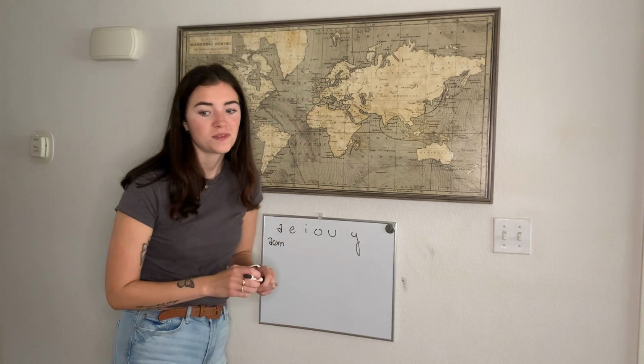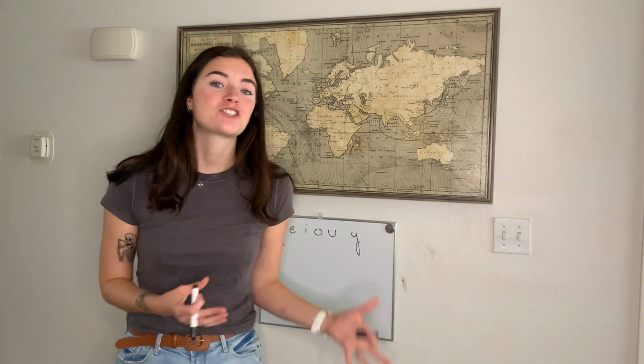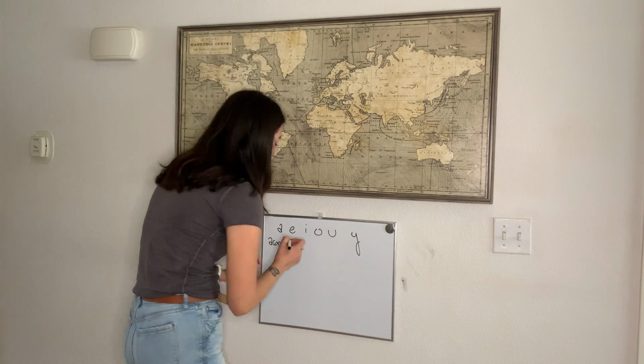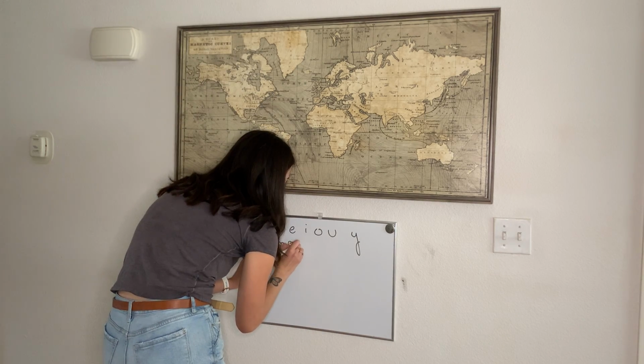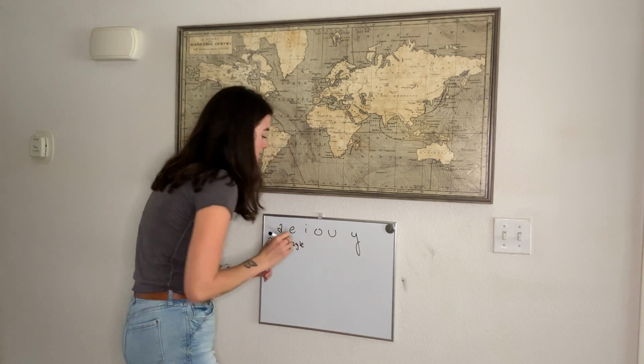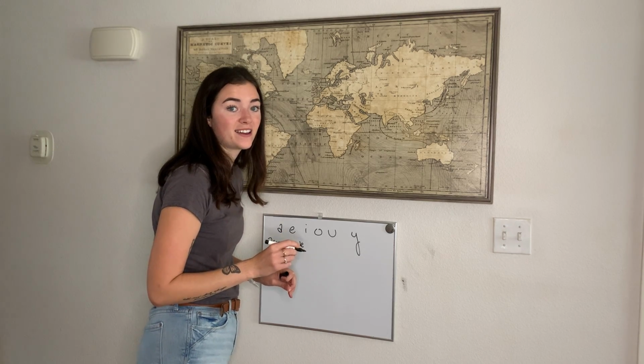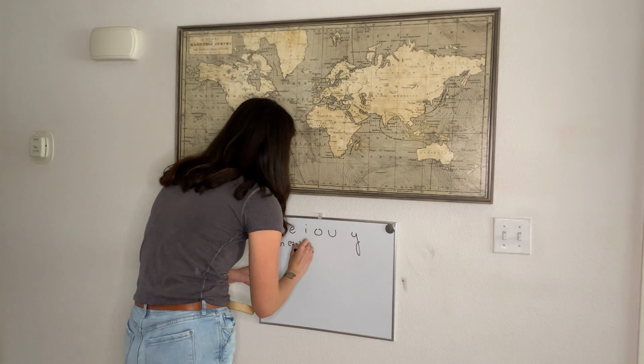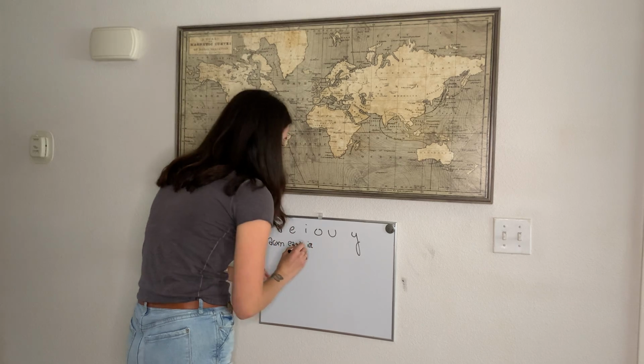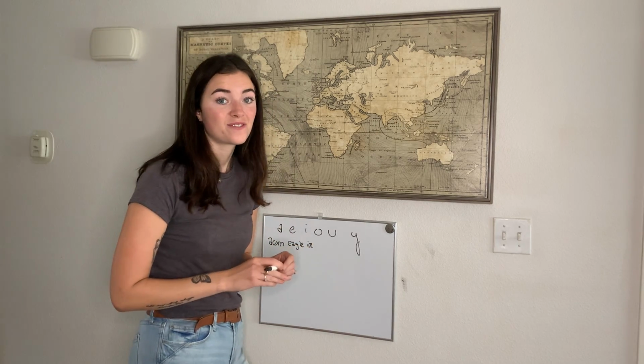E. Can anyone tell me an example of a word that starts with E? Eagle, right? It sounds just like how it looks. So we have eagle. Anyone tell me a word for I? Ice. Yeah, perfect. Ice. O, can anyone tell me an example of an O?